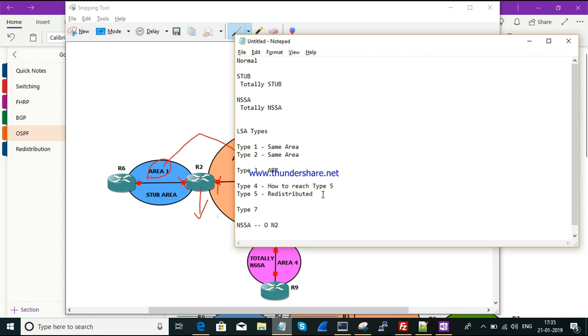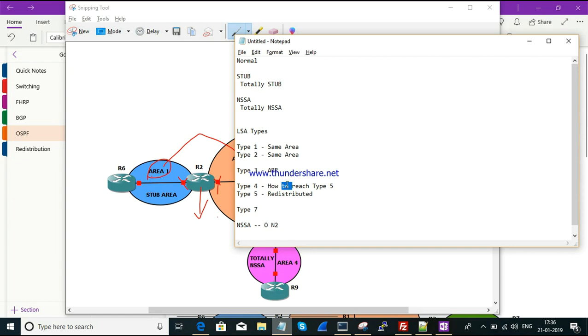Type 5 LSA: if information is generated by another routing protocol, let's consider RIP, for example a prefix of 1.1.1.1 generated by the RIP routing protocol, and it is redistributed and given to another router. Information redistributed from one routing protocol into OSPF, learned from a different routing protocol, is given as type 5 LSA. This is what type 5 is about.